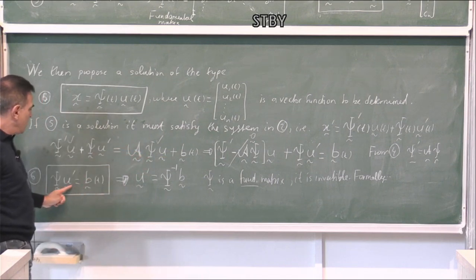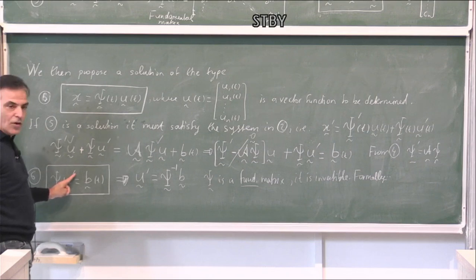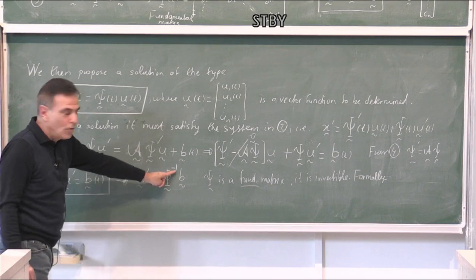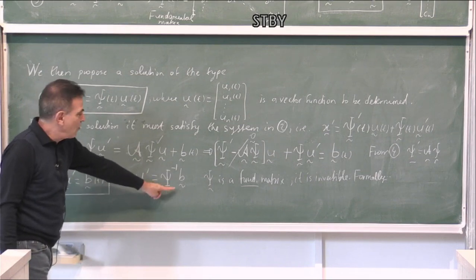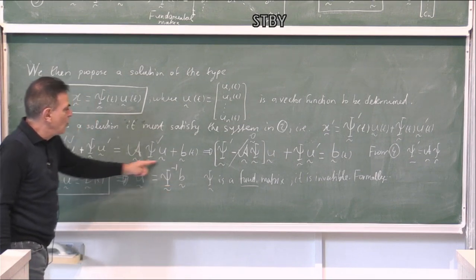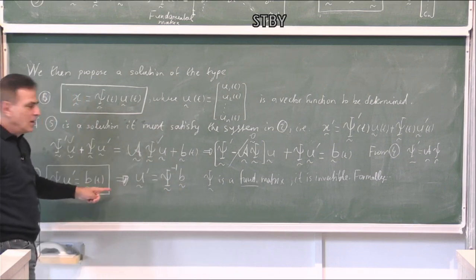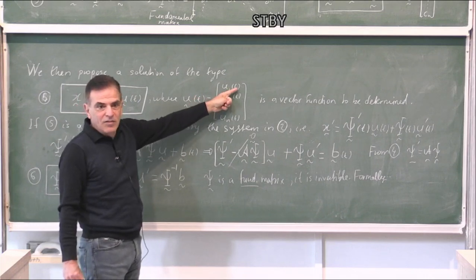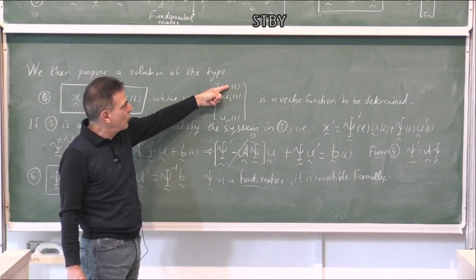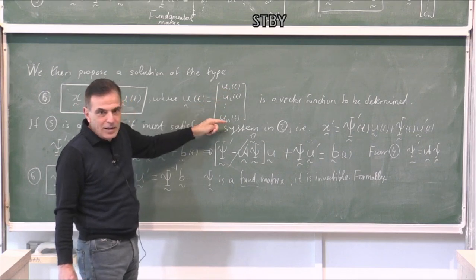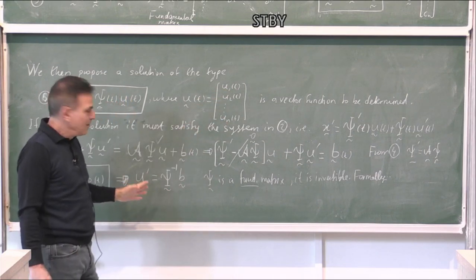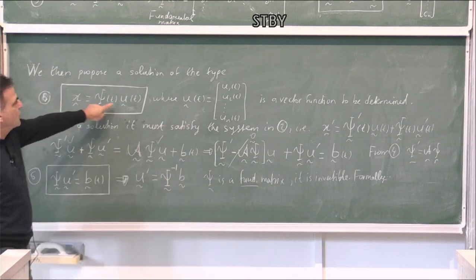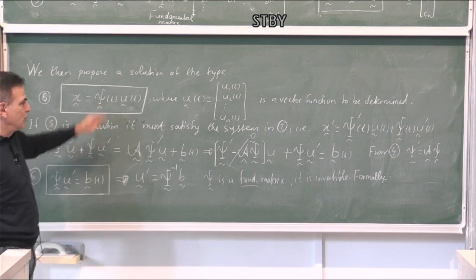In principle, the derivative of u exists uniquely because psi is invertible, and therefore this is a linear system of n equations. You can find u prime, the vector which contains the derivatives of the components u1, u2, un, uniquely. And therefore, we get this solution.